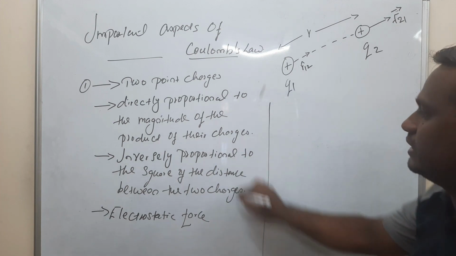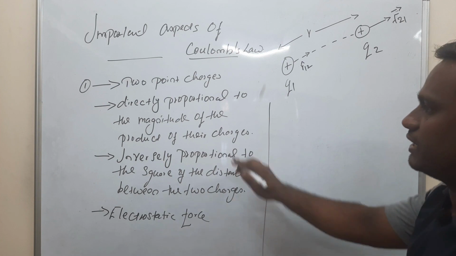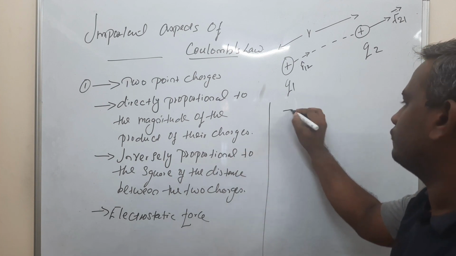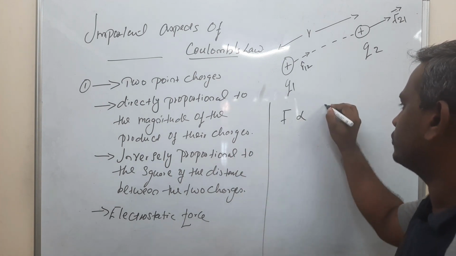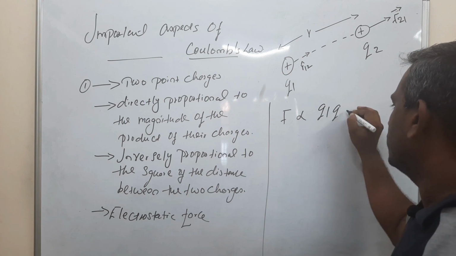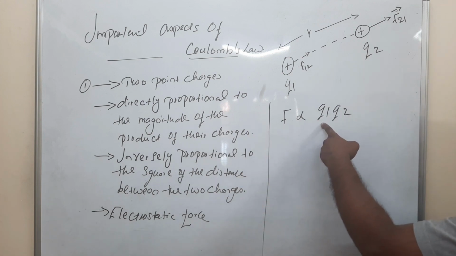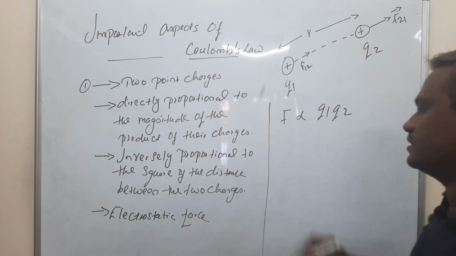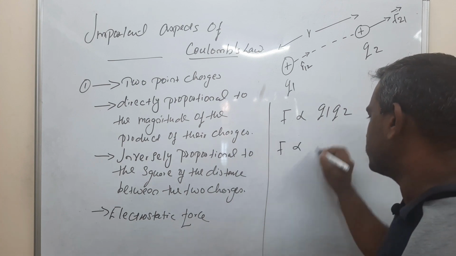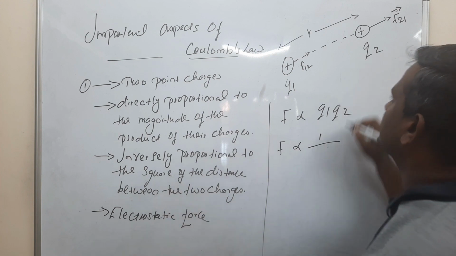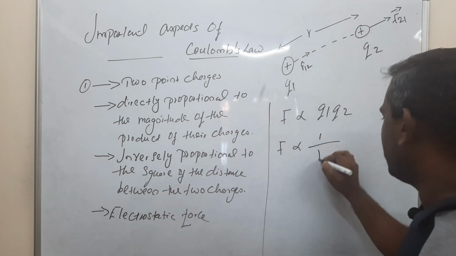First point, force is directly proportional to Q1 Q2. Second point, it is inversely proportional to the square of the distance, that is r square.